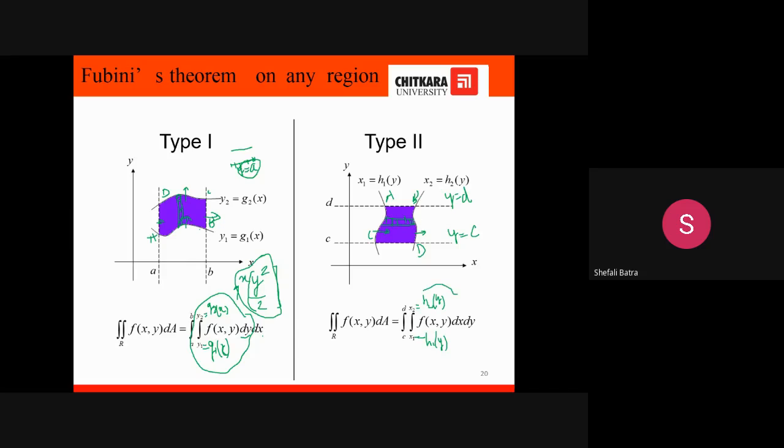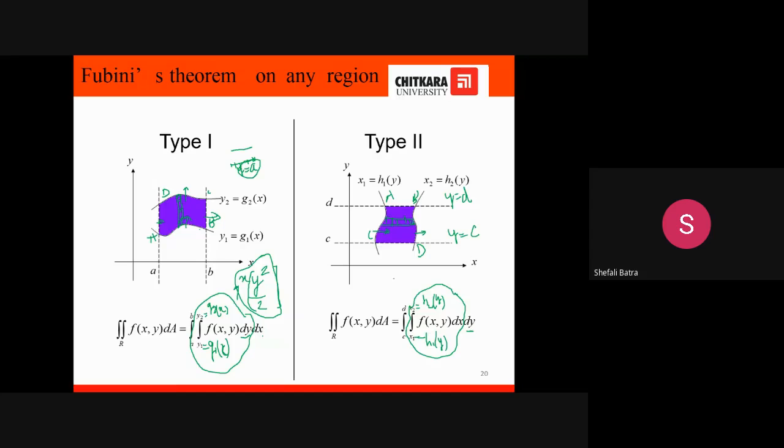So you observe here, when you are writing the limit of x, it means you are making a horizontal strip, and the limit should be in terms of y. After solving this, everything would be in terms of y, and now you need the limit of y, and that would be constant. So now you will be sliding this horizontal strip in the vertical direction.